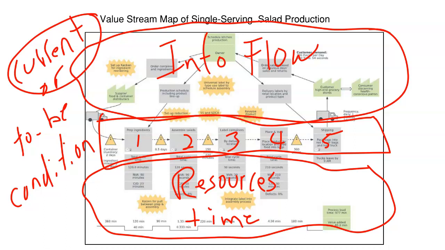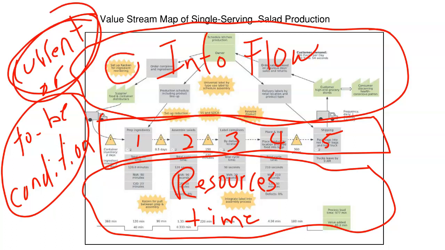But there's more. Value stream maps also typically contain information about what you'd like to attack in the to be condition. So in this current condition, we've got these small starbursts that are small Kaizen event opportunities that have been identified to help us improve overall flow and improve overall performance in this system.